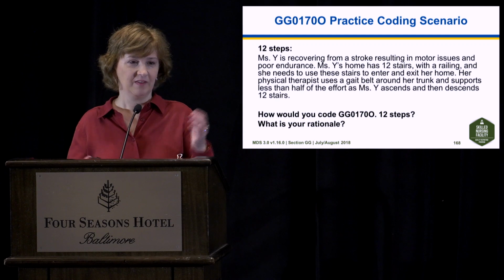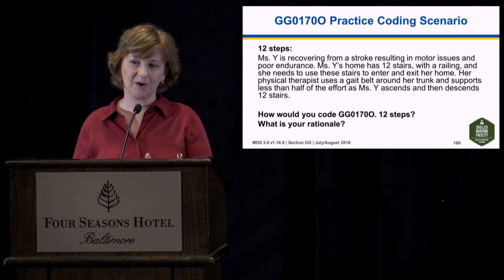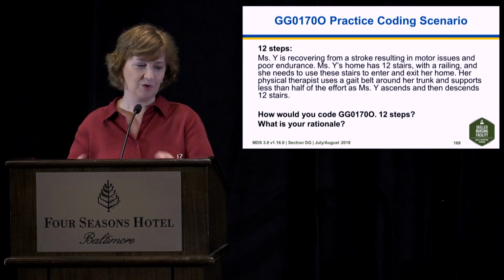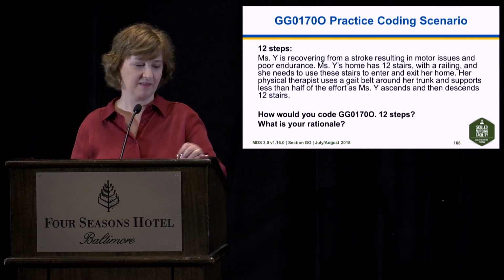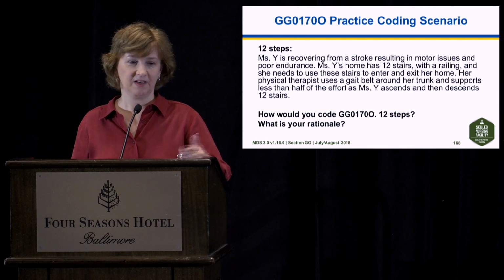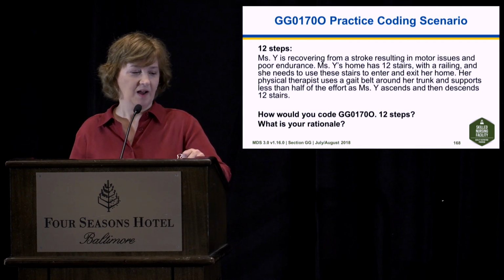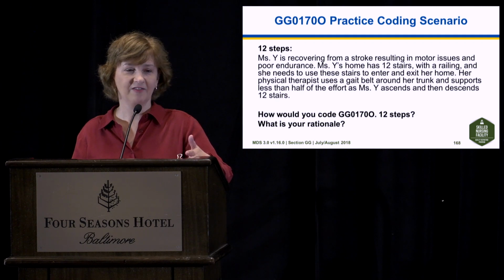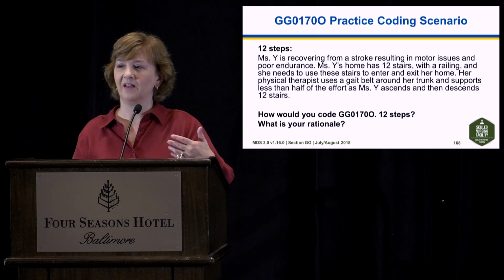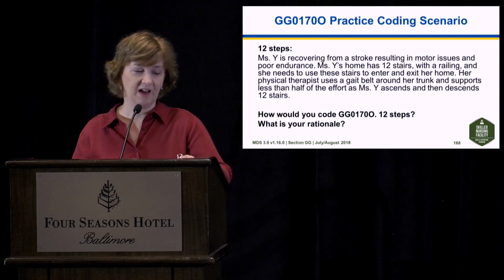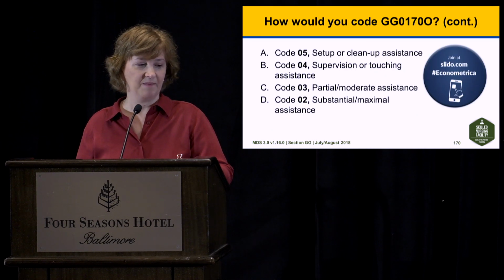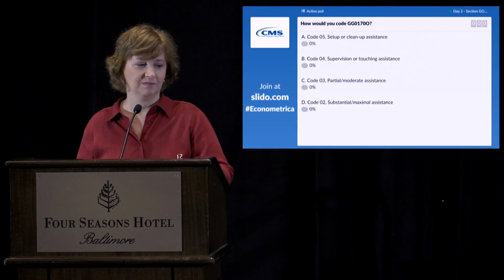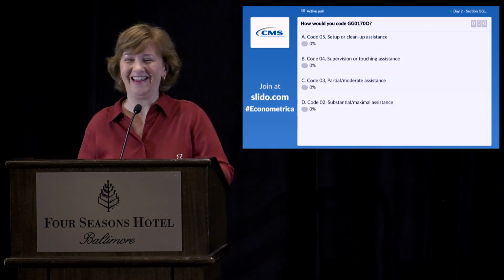And so that relates to trunk support, probably if somebody is actually using the gait belt and holding the resident, Ms. Y, up as the person is going up and down the 12 steps. So basically it says here that the support is less than half of the effort. So in this case, the resident is performing more than half of the effort to go up and down 12 steps. And so I will let you put the answers in.